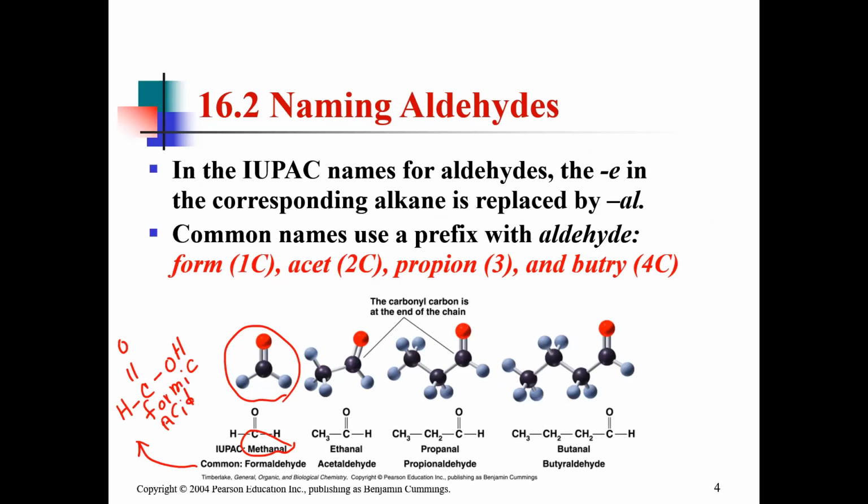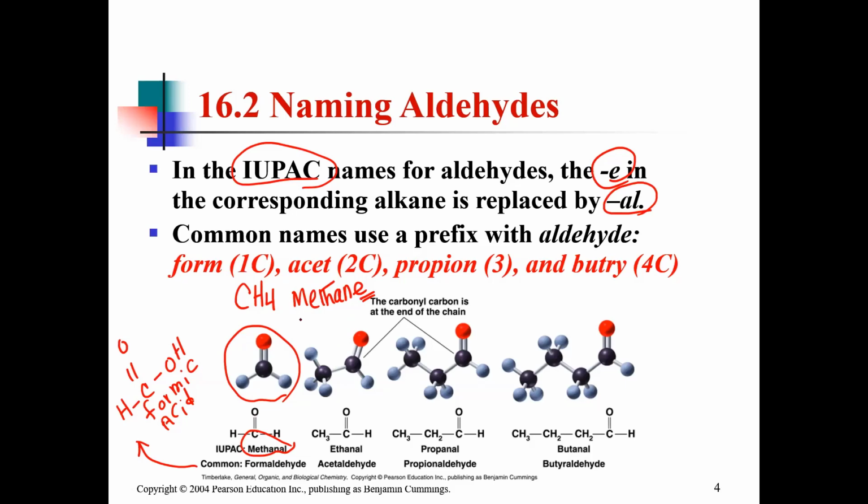That is the common name. But IUPAC name, international nomenclature, is much easier. What would you have called this hydrocarbon with one carbon? Would you have called it methane? So take the hydrocarbon and then remove the E at the end of methane, and replace it with al, which shows aldehyde.